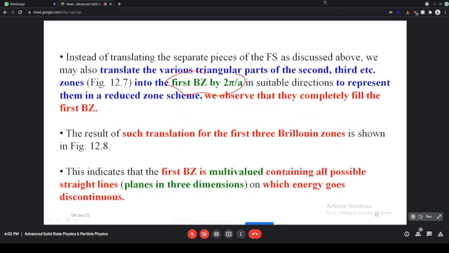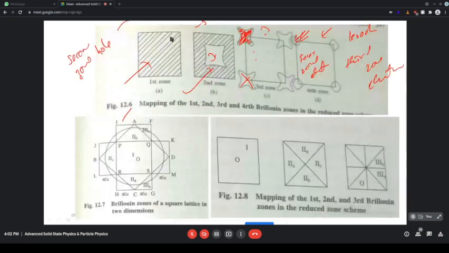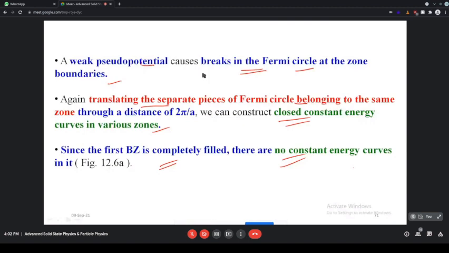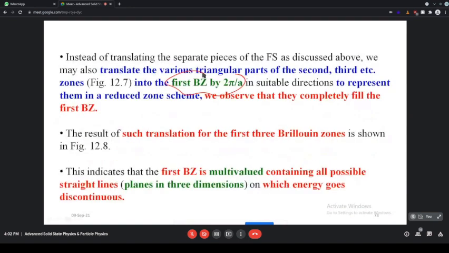Applying this simple operation using the reciprocal lattice vector, we can represent various Fermi surfaces even in the first Brillouin zone boundary. For example, this is the first Brillouin zone boundary. This is the second zone Fermi surface, and these are the third zone Fermi surface in the first Brillouin zone. This is known as the reduced zone scheme.